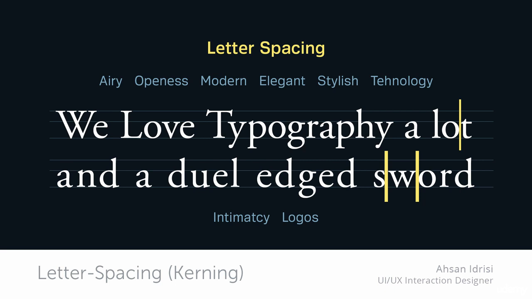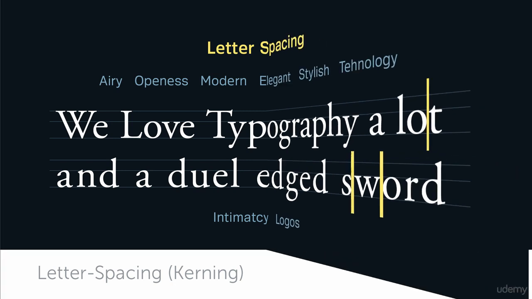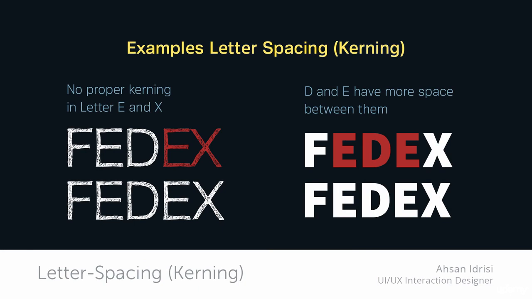And if we have very little letter spacing, then its mood is towards intimacy, and you might have seen very close letters used in different logos. Very little letter spacing is used mostly in logos, because it really creates a problem in legibility and readability. Let me show you some examples of letter spacing or kerning.